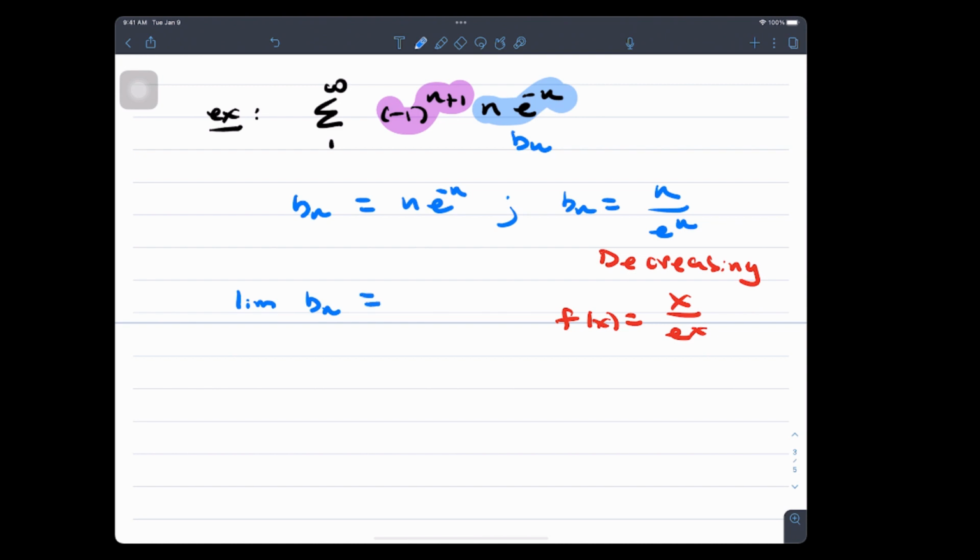The limit of Bn is the limit of n over e to the n, right? So what does that mean?